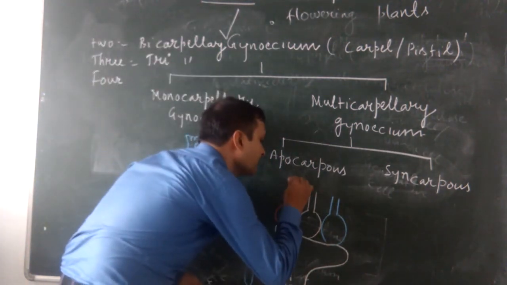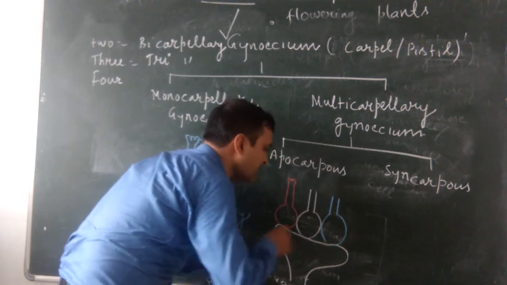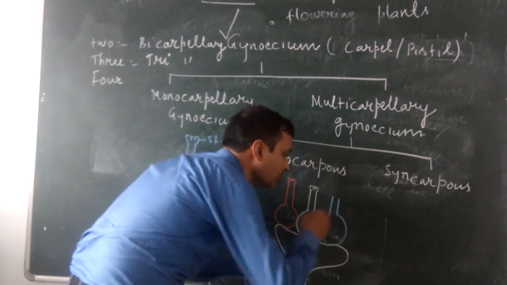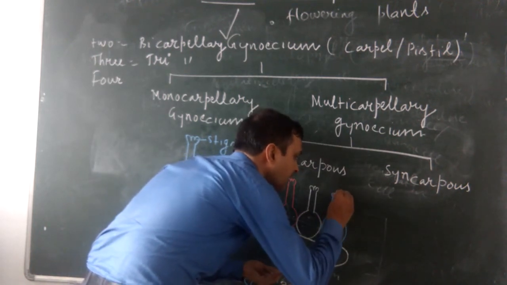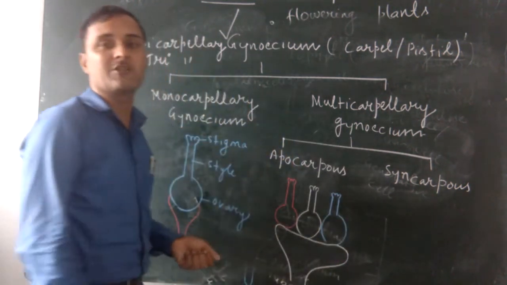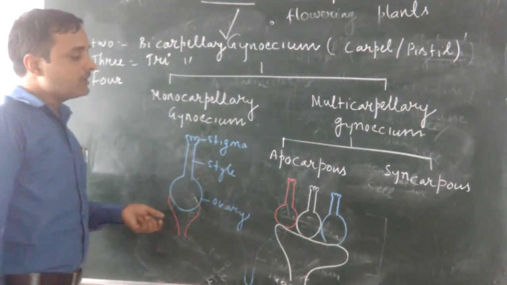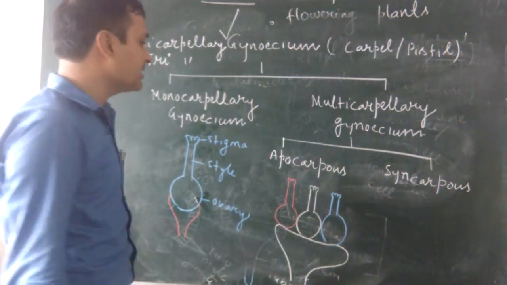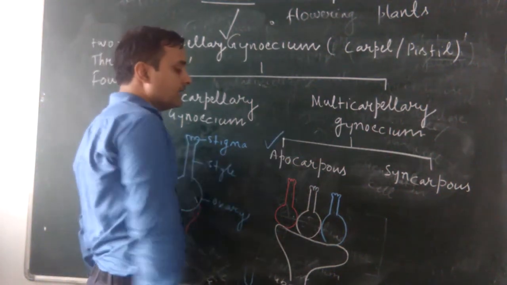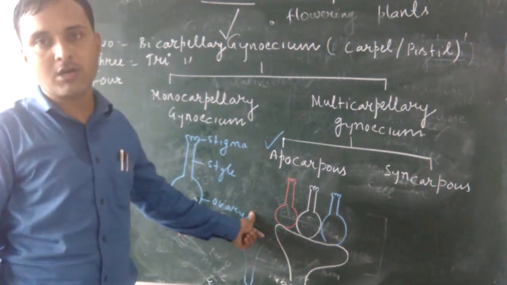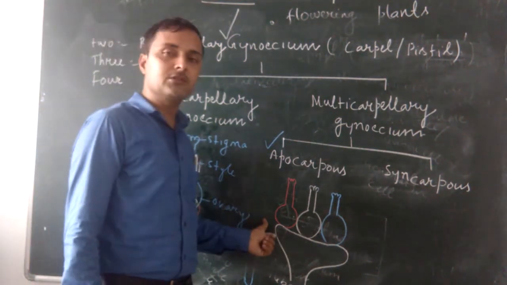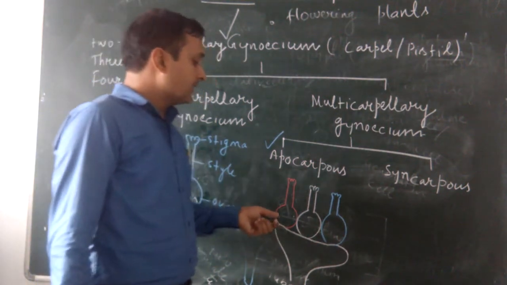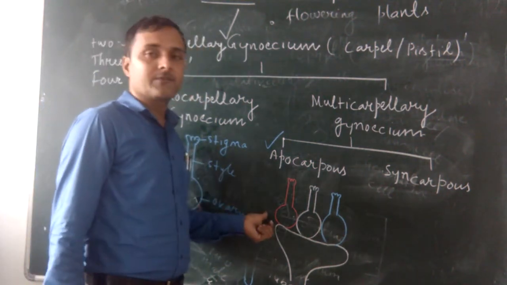When all the carpels are free, not fused with each other, such a gynoecium is known as apocarpous gynoecium. When the gynoecium consists of 2 or more carpels, here I have drawn 3 carpels, that means tricarpellary. This is tricarpellary apocarpous because the number of carpels is 3, and apocarpous because all the carpels are free from each other.